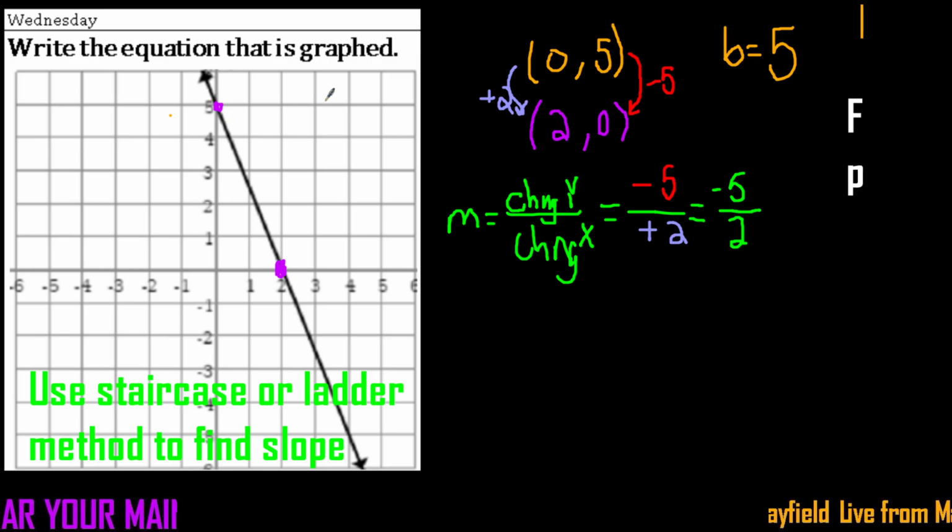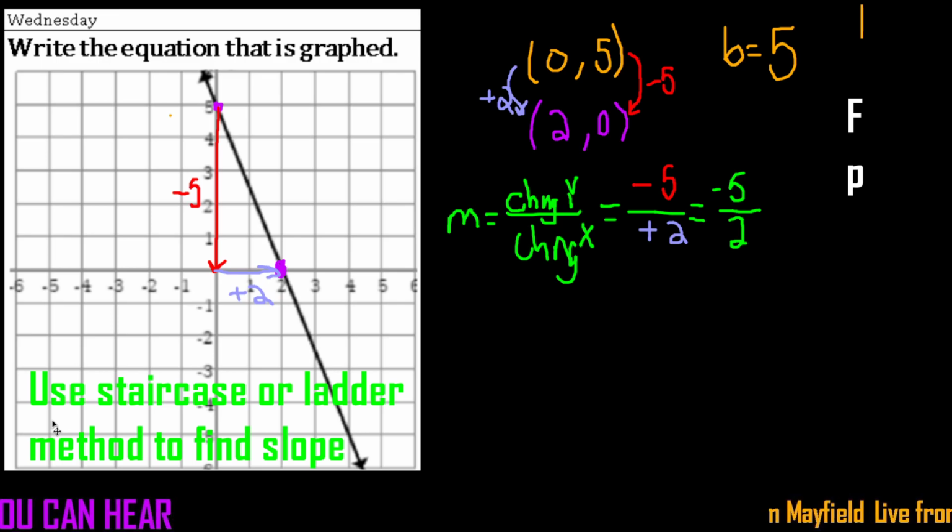The other way you could do it is like this. You could use the two ordered pairs on the graph to draw a staircase. And so if I go 5 steps down, so I have -5, and then I can go, let's say, 2 steps to the right, I go to my next point.